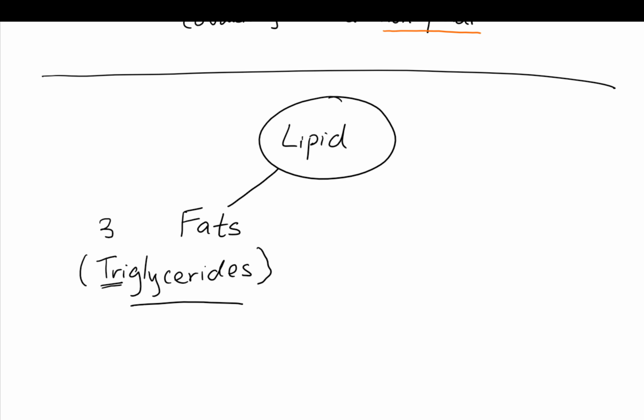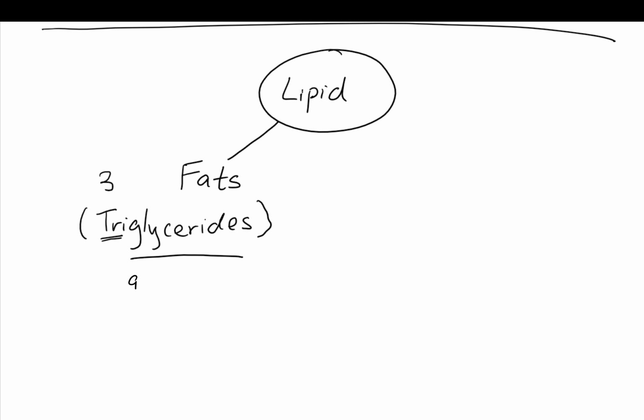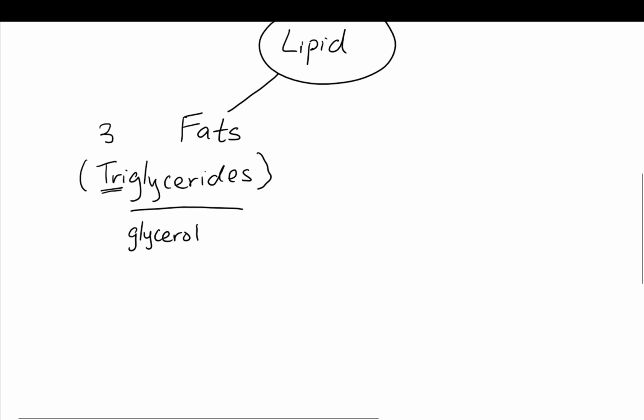Glycerides is a word derived from glycerol, which is a type of alcohol. And a lot of students have this misconception that we have 3 glycerol in the triglycerides, but it's actually not. Triglycerides is a molecule made of 1 glycerol. So we have 1 glycerol and 3 fatty acids.